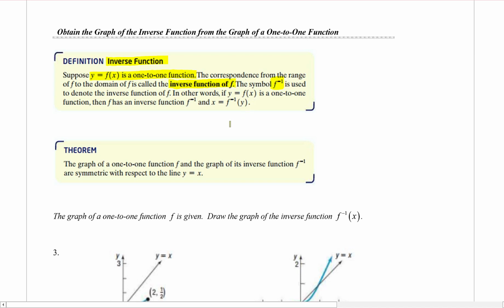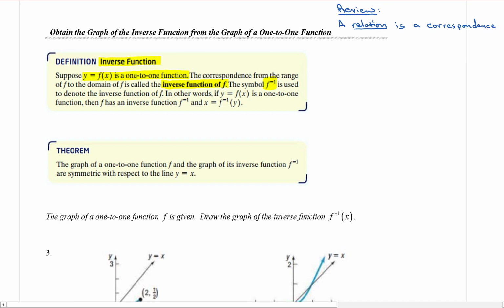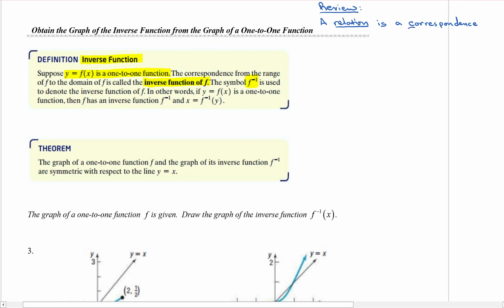So let's talk a little bit about this definition, because there was a lot going on here. Why don't we start with the second sentence. The correspondence from the range of f to the domain of f is called the inverse function of f. Well, let's review relations. If you guys remember, a relation is a correspondence between two sets.